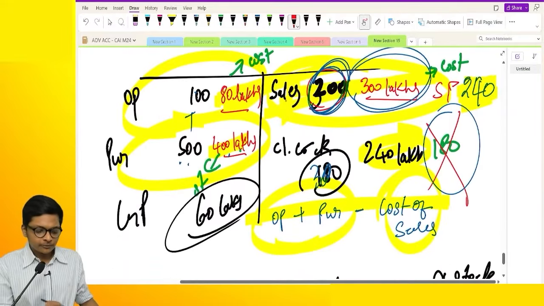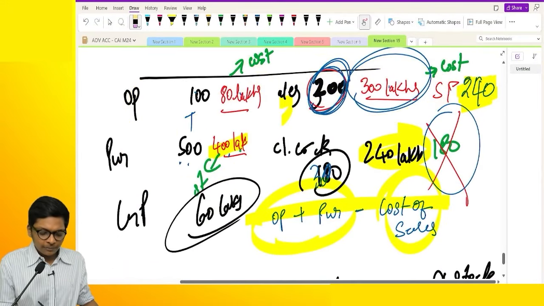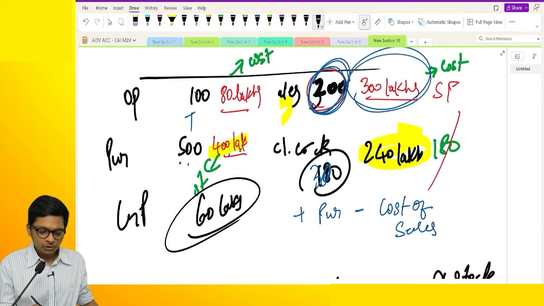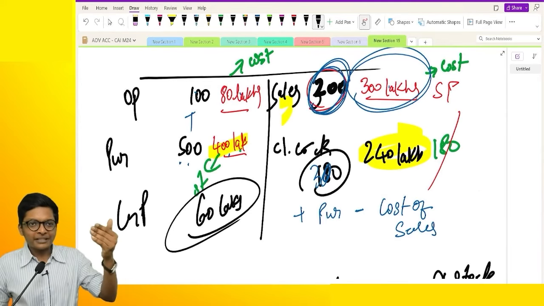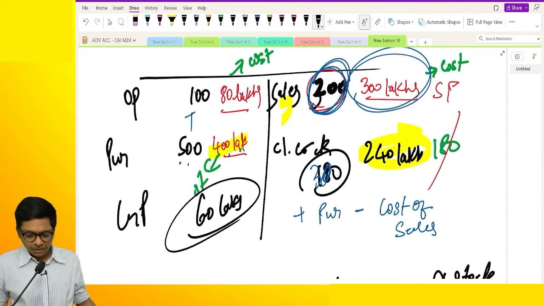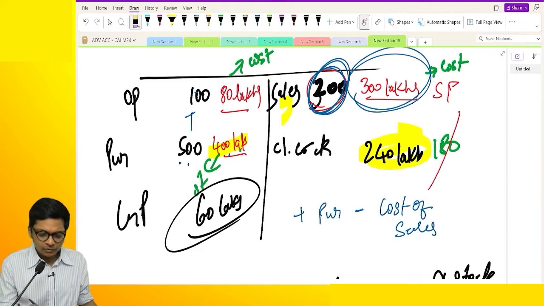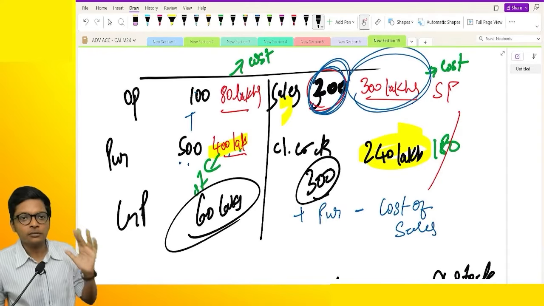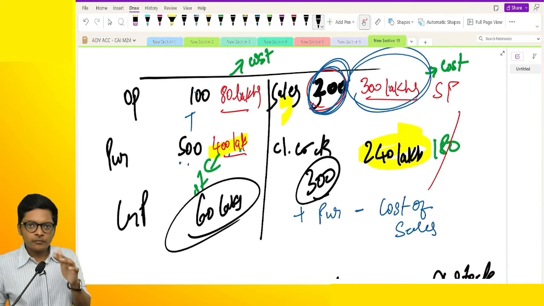Now, in this simple question, how do I find closing stock in real life? Now you did, opening stock plus purchase minus sales. That means how many closing stock units do I have? 300. In real life, how will I verify the 300?